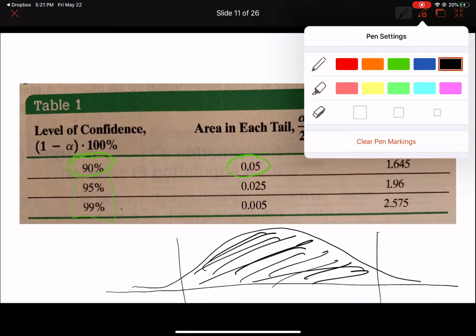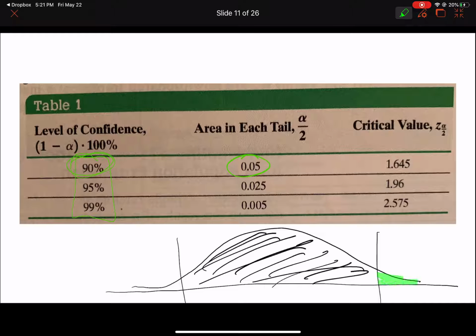So we have 5% up here and 5% down here that is not included in our confidence interval. 5% here and 5% there. That's why we do alpha divided by 2, because the area in each tail is 0.05. So this right here is 0.95 and this is 0.05.